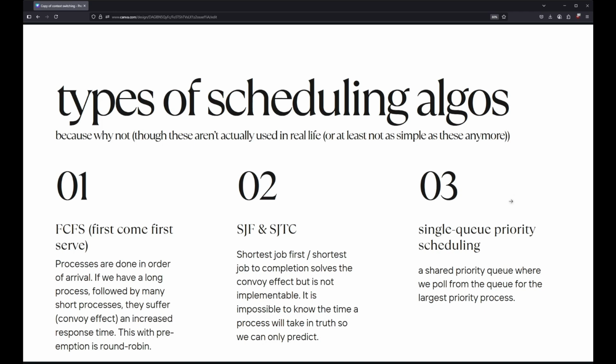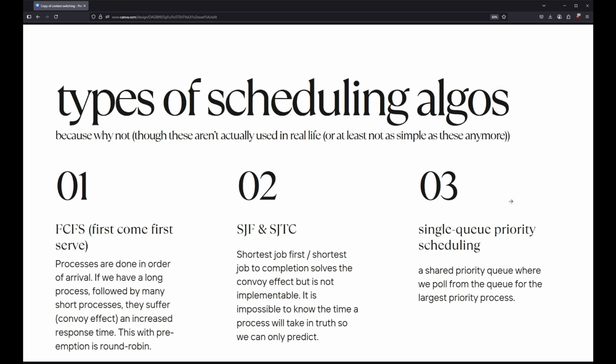The next one would be single queue priority scheduling. If you think back to DSA, we had heaps, which were in a way priority queues where you could either have the maximum or the minimum node at the top of your queue and then everything else below, right?